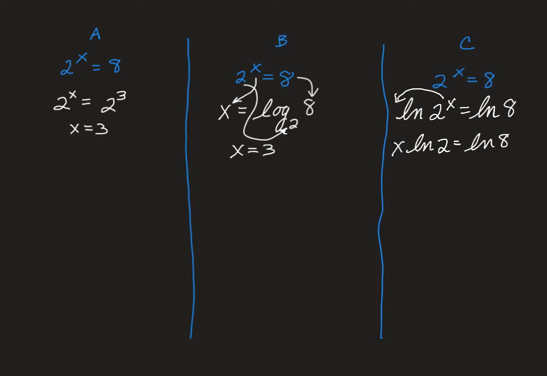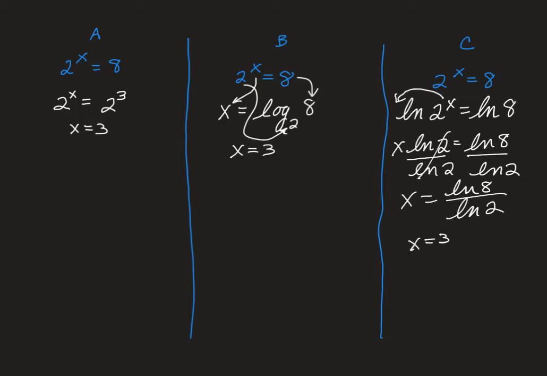Anyways, if you're into puns, you'll understand that one. All right, so I have x times the natural log of 2 equals the natural log of 8. Now, if I divide both sides by the natural log of 2, because I'm solving for x, I want to isolate it, I'm going to get x equals the natural log of 8 divided by the natural log of 2. And you can evaluate that in your calculator, and you will come up with x equals 3.